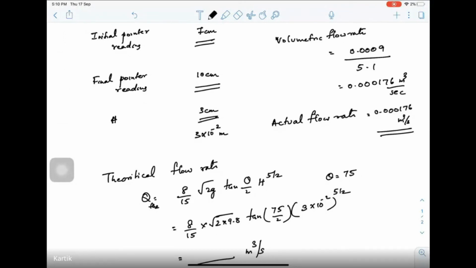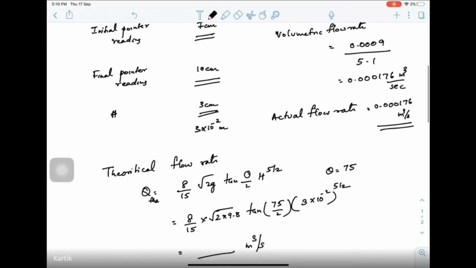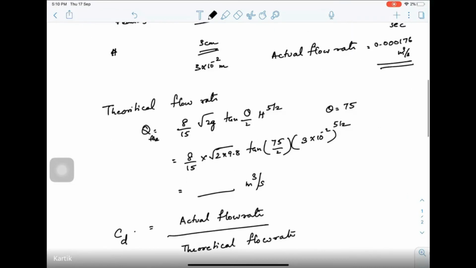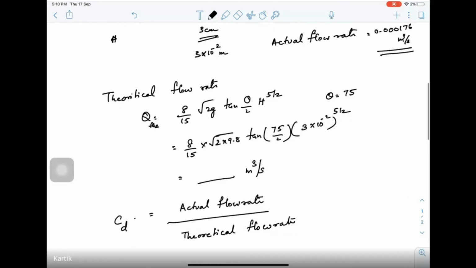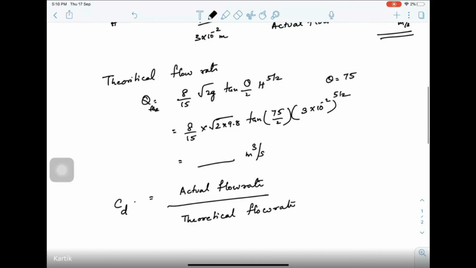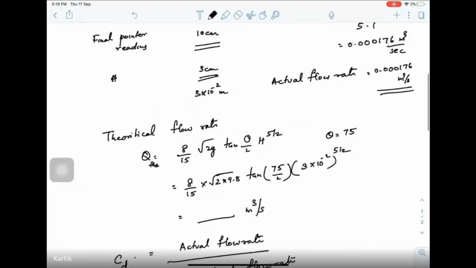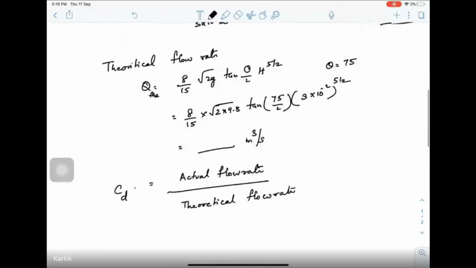So 3 centimeter refers to the difference in those pointer readings. You can calculate the theoretical flow rate from this, and the coefficient of discharge is the ratio of the actual flow rate to the theoretical flow rate. The actual flow rate you have calculated from this, and the theoretical flow rate from the corresponding equation as shown.